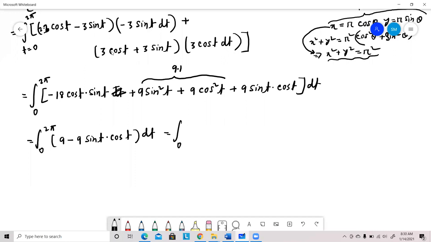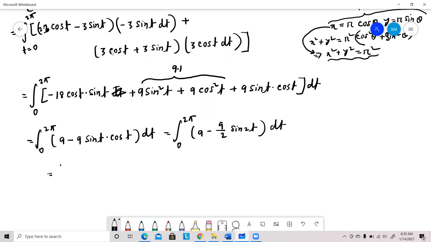Integral 0 to twice pi, and it will be 9 by 2, that means 2 sin t cos t is sin 2t. Good. Now it has been reduced to integrable form. Now we can do integration.